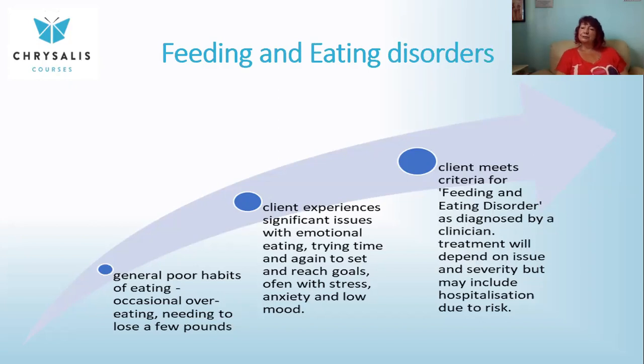And eating disorders are also associated with other mental health issues such as depression, borderline personality disorder and bipolar. And as we said with self-harm, the two are linked. So eating disorders and self-harm are linked. And these eating disorders often don't just originate from one cause.